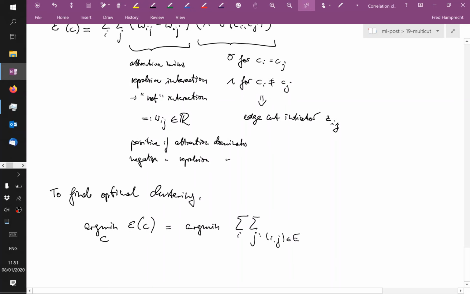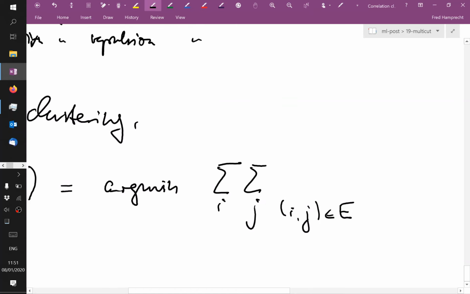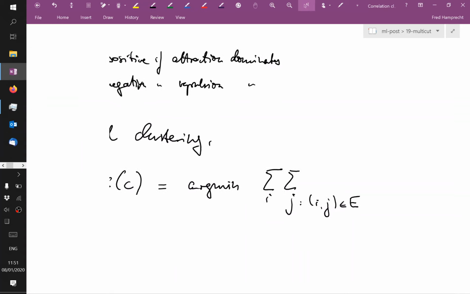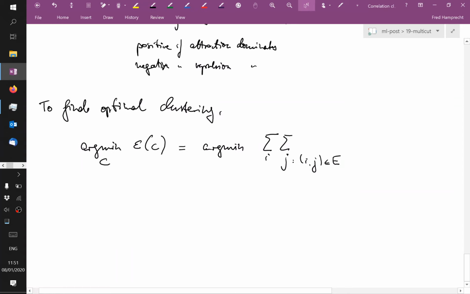Okay, so this is a summation over all pairs i and j which are connected by an edge. Capital E here is the set of all edges in the graph. I hope my handwriting is not so bad. So I'm summing over i, and then I'm summing over all j such that i, j are in the edge set.